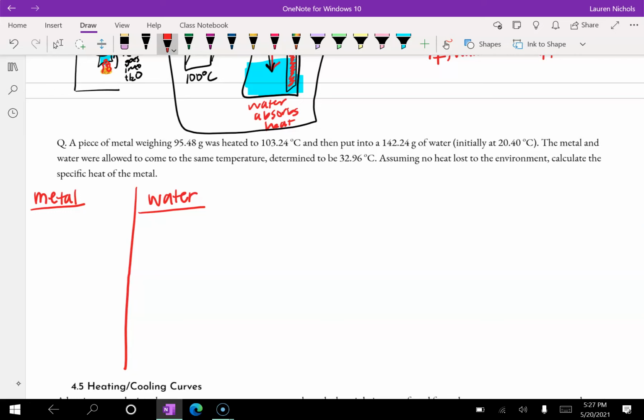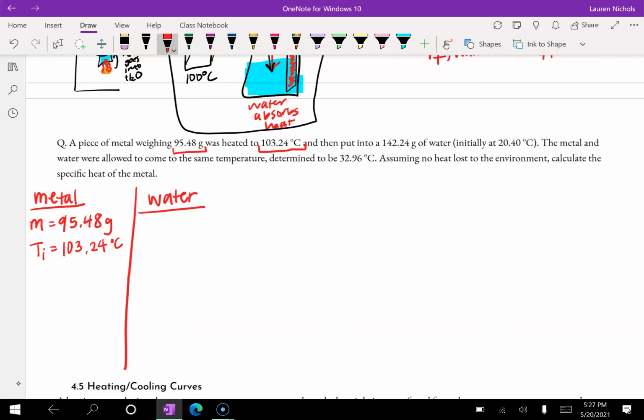So here it says we have a piece of metal weighing 95.48 grams. Now, since we see that G, we know that this is going to be our mass. So M is equal to 95.48 grams. And it was heated to 103.24 degrees Celsius. So we know that this piece of metal initially is at 103.24 degrees Celsius.